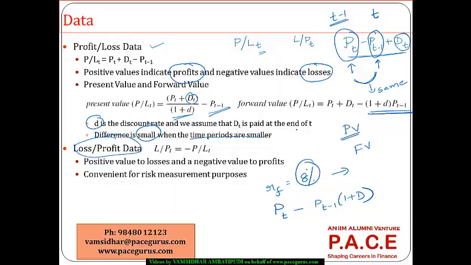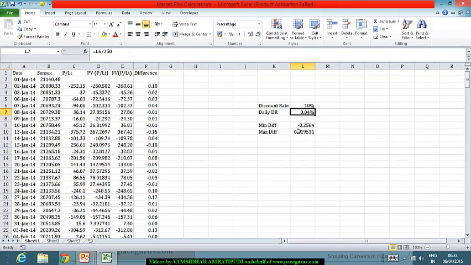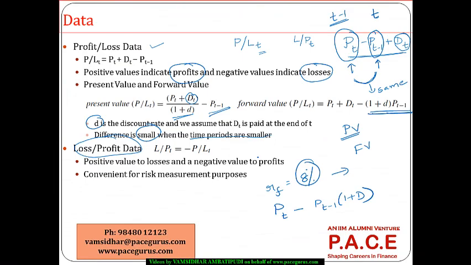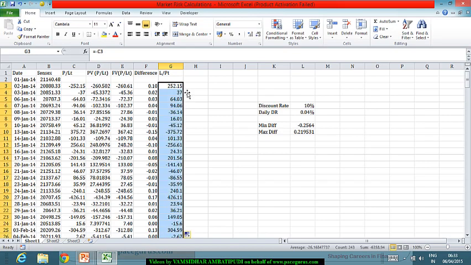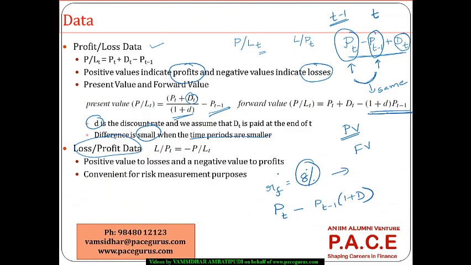And so it all depends on what is the kind of data that I am using for my various calculation purposes. Then similarly, just like the way we have profit to loss data, we also talk about loss to profit data, which is exactly the negative of the profit to loss. Just take the negative, whether it is the present value or the future value. We are taking the negative of the same, which means the positive values are becoming losses and the negative values are becoming profits here.